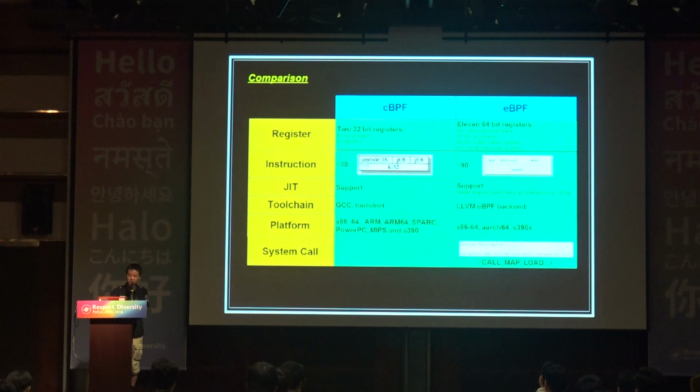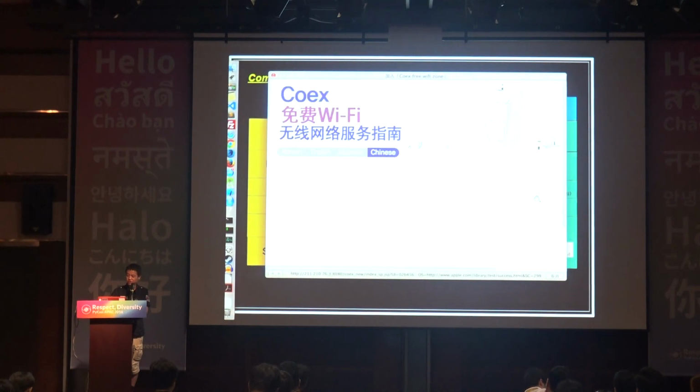Here is the table for comparison between classical BPF and extended BPF. We can see from it that many new registers and instructions have been added into eBPF. So it serves more purposes, like having the ability to call in-kernel helper functions, and it also has JIT support that better maps to new architectures for jitting.